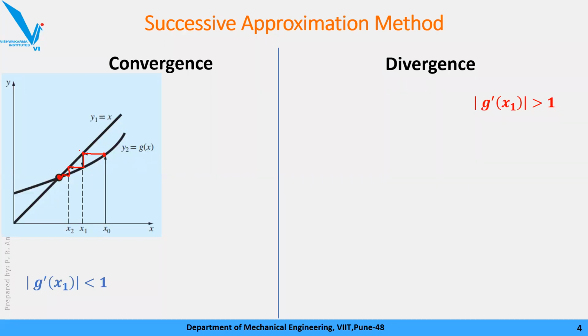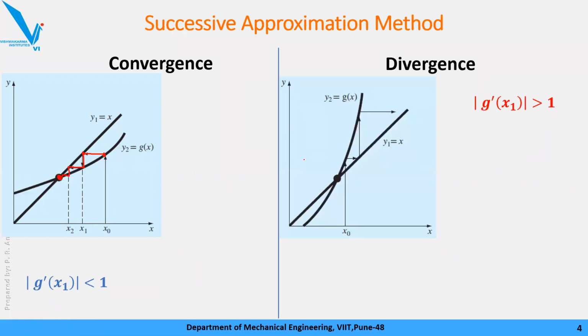Here you will find that the movement of the function looks like a staircase. But the same case is available in divergence. See, we started with x0. Now see the slope of the governing equation: here it was less than 1, and this is equal to 1, a straight line with slope 1.